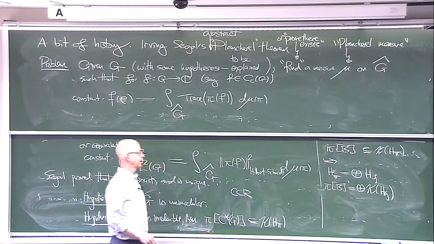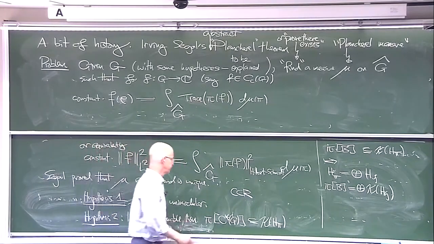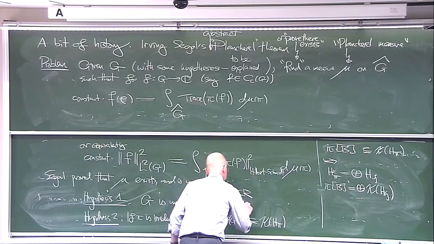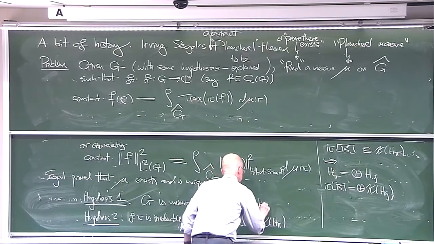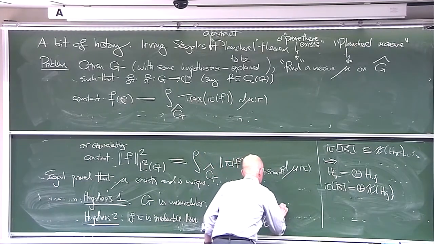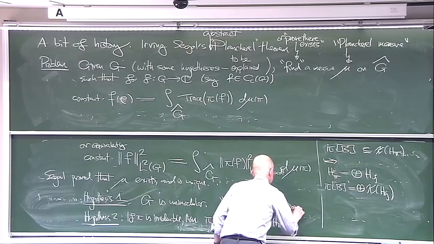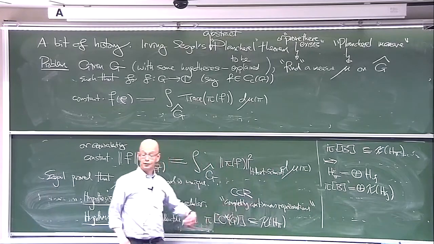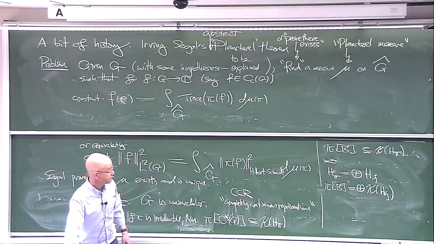In English, this is called the CCR property, which means completely continuous representations. Completely continuous is another word for compact.